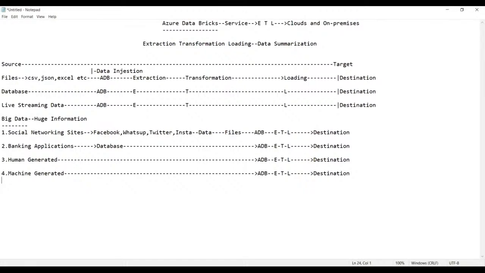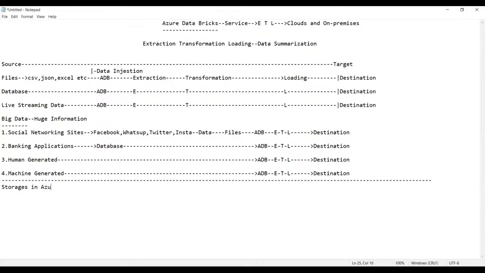So now, after all these things are completed, we get the data from files, etc. into the ADB. And from ADB, we perform the job of extraction, transformation, loading. But here in ADB, the data is stored in the following storages.